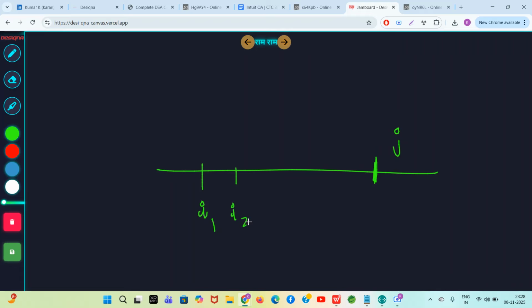I1, I2, I3. Let's say I1 and I3, we have to calculate the values at these positions, right? For LHS, let's say here the LHS is coming as 1, here the LHS is coming as 5, and here the LHS is coming as 1.